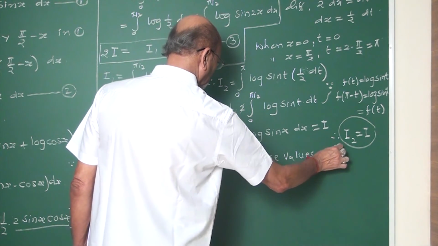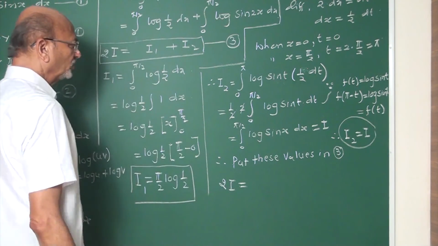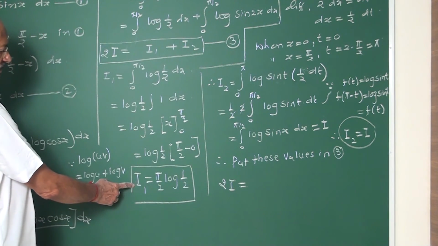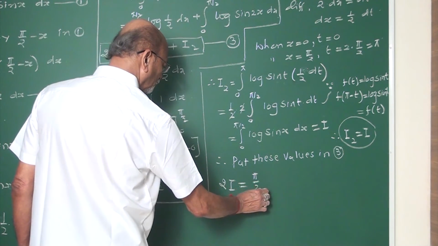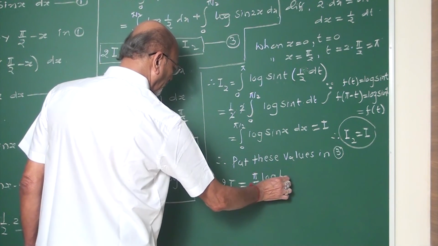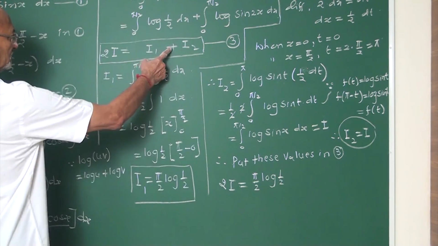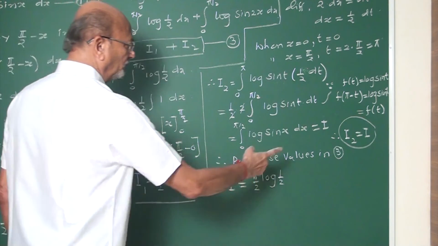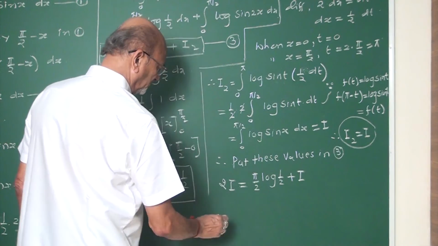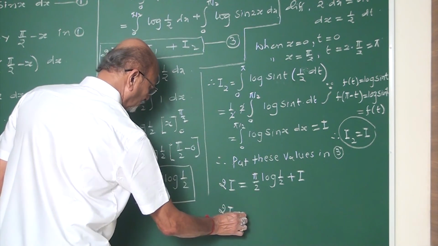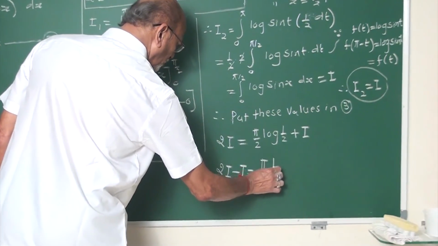In the third equation, 2I equal to, what is I1? Pi by 2 log 1 by 2, plus I2, and I2 is I. Bring this side, 2I minus I, this is pi by 2 log 1 by 2.